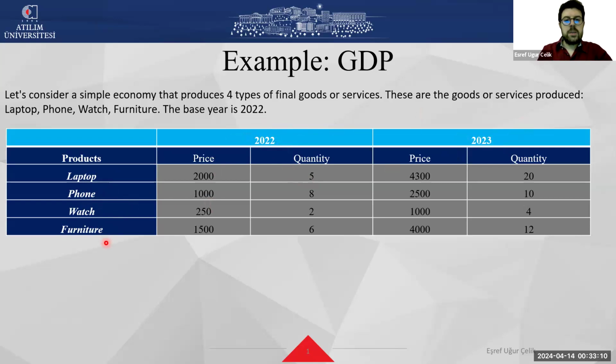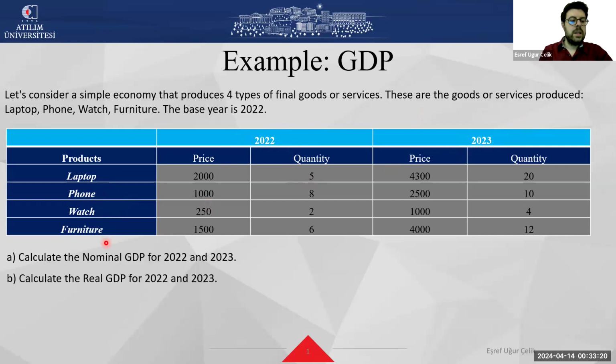And GDP is calculated in 2 ways: nominal GDP and real GDP. So the first question is to calculate the nominal GDP for 2 years. Then I ask the real GDP for 2 years. Then I ask the growth rate for 2023.